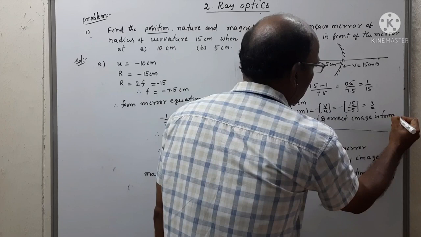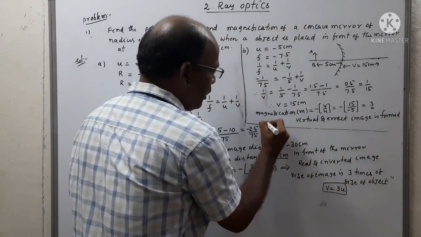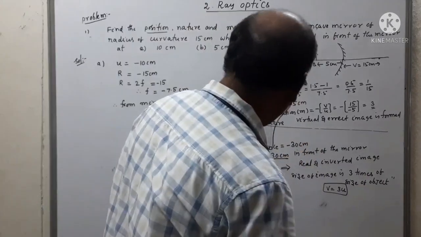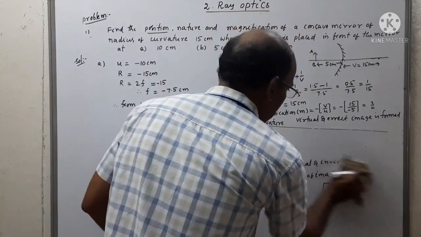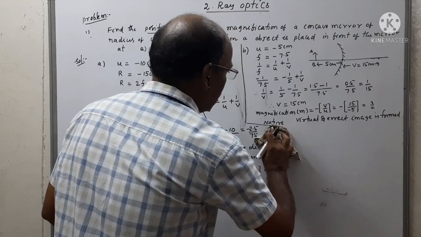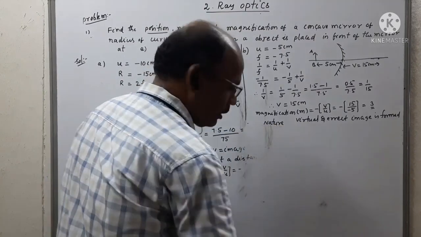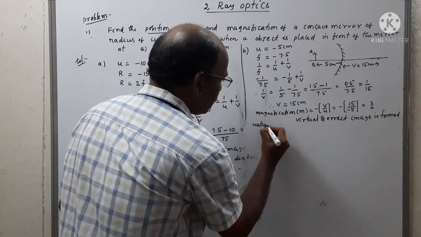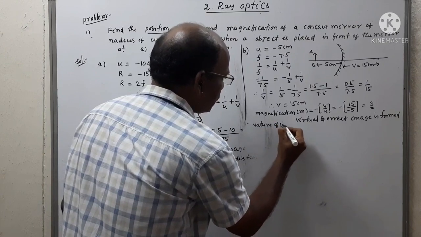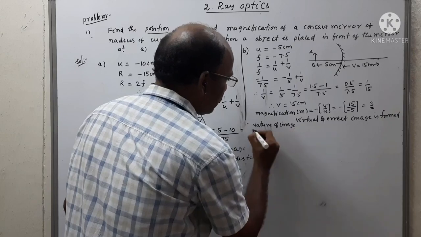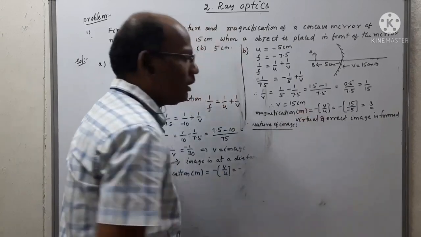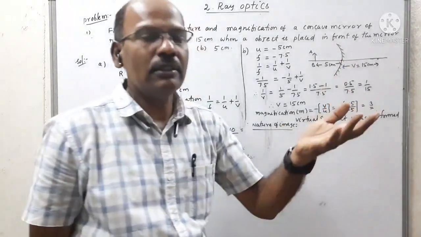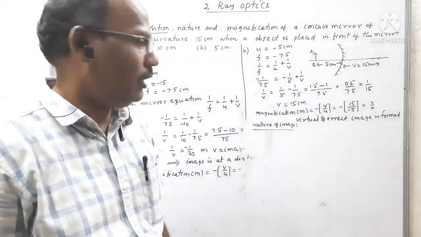So the nature of the image is that it forms a virtual erect image which lies behind the mirror.